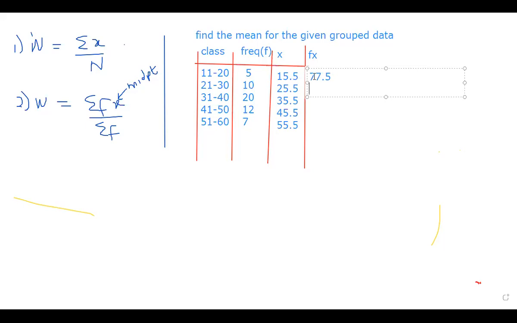Next one, 710. Next one, 546. And the last one, 388.5.